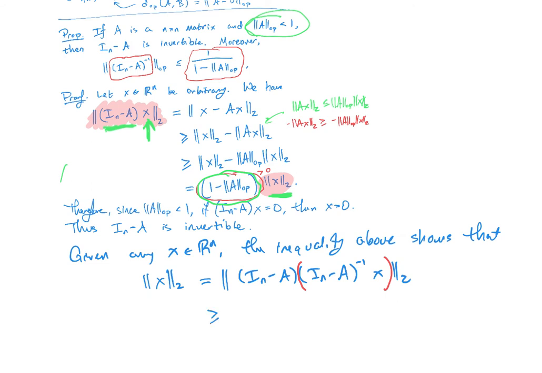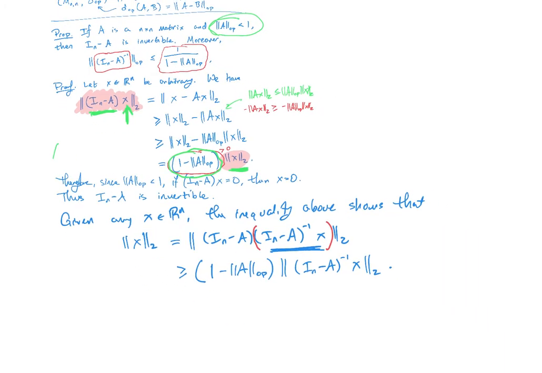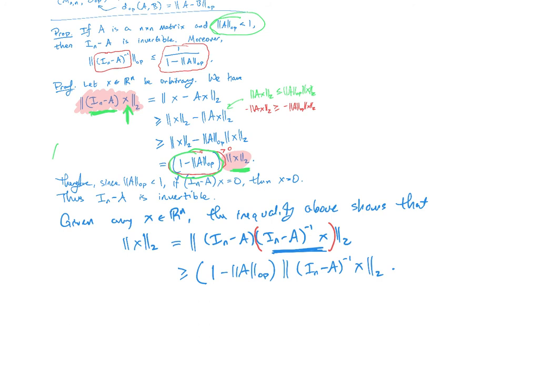This is at least that thing, 1 minus the operator norm of A, times the 2 norm of this stuff, okay? And that's actually what we needed to show.